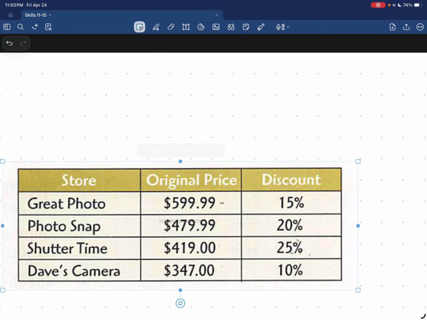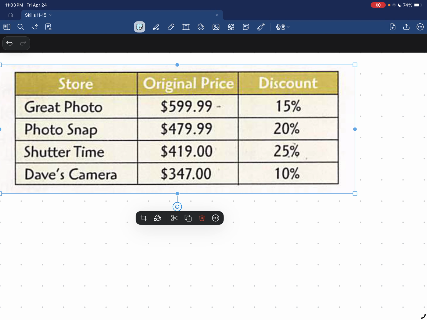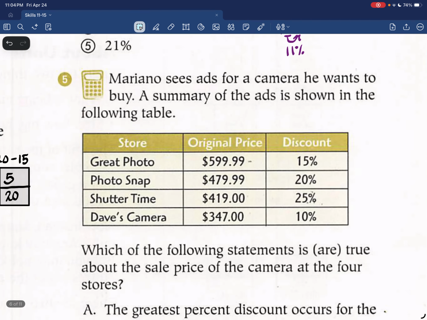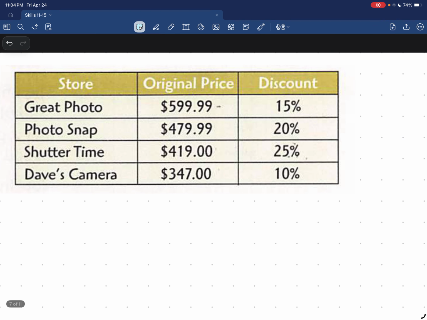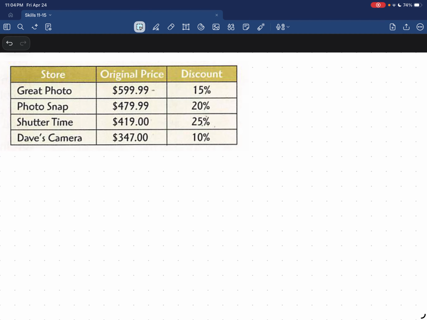So let me paste this in and let me go back and look to see. It is a calculator question. That's great. All right, so on Great Photo, we are going to find the sale price. I'm going to add another column out here for sale price, and we'll calculate that for each of these stores.